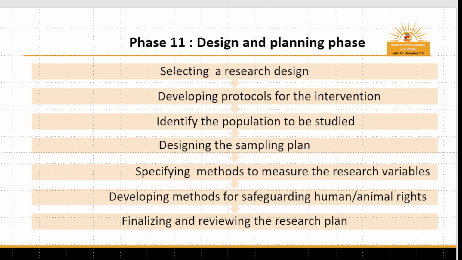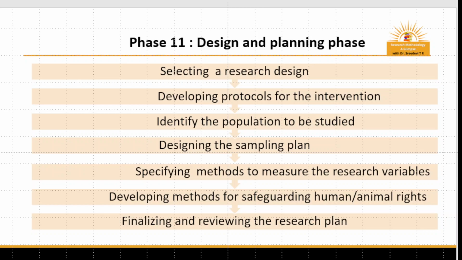First one under the design and planning phase is selecting a research design. We know research design is the overall plan for obtaining answers to the question being studied. Researchers specify which design will be adopted. So the researcher has to decide, in order to get the answer to the question posed, not to get the solution for the problem arisen, which design has to be followed.